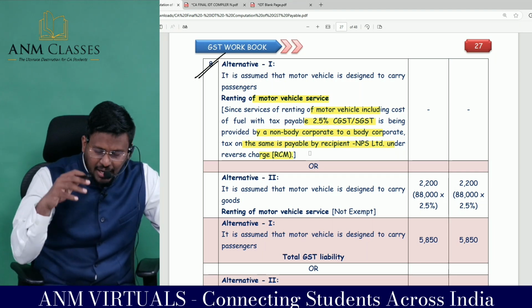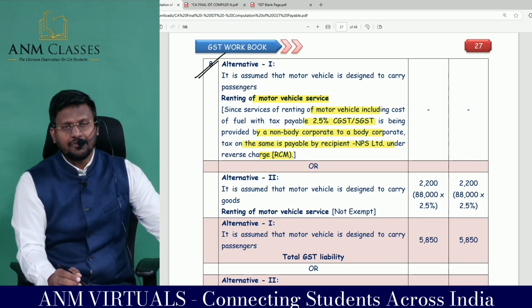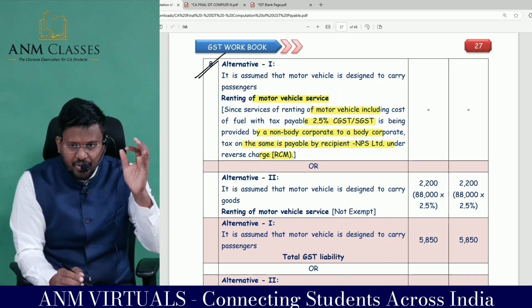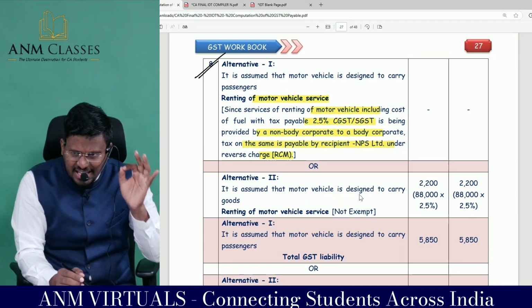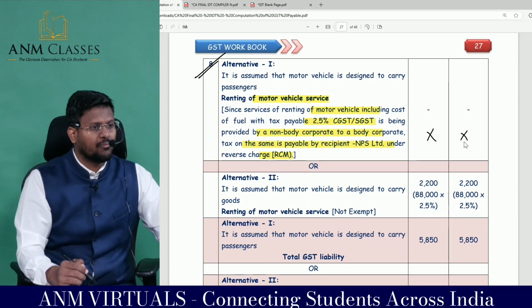If that motor vehicle is meant to carry passengers and has been provided by a non-body corporate to a body corporate, then the person liable to pay GST is the body corporate. Hence, it is on RCM. FCM will not be applicable.